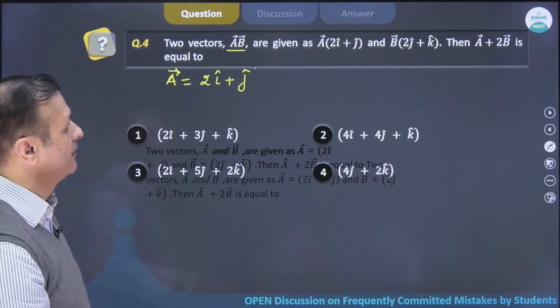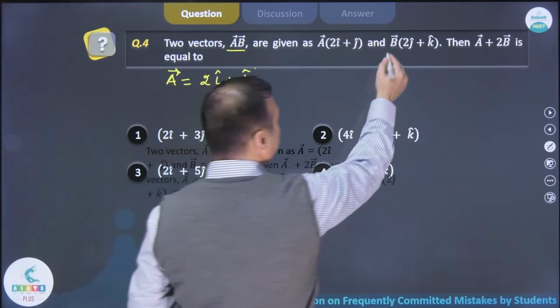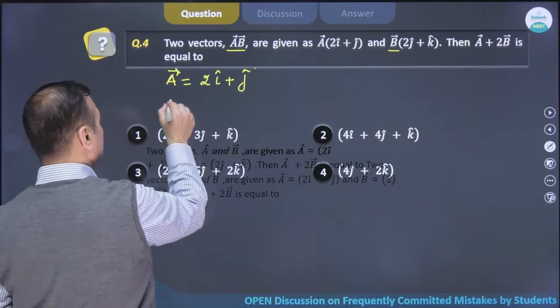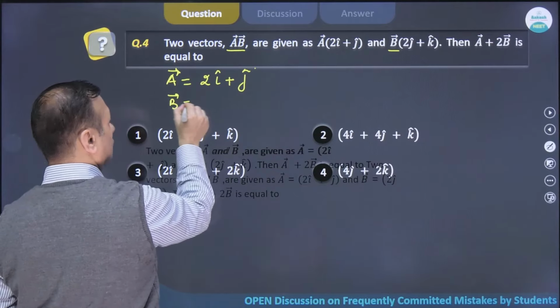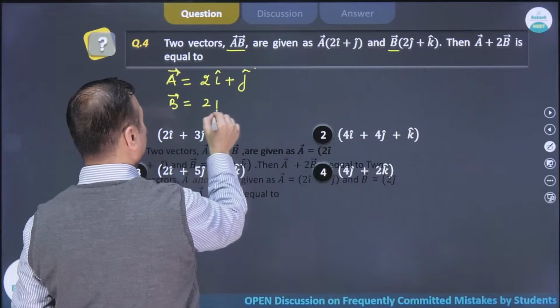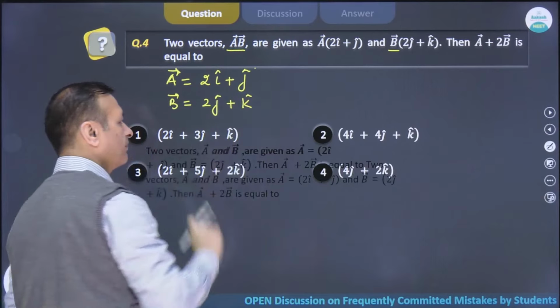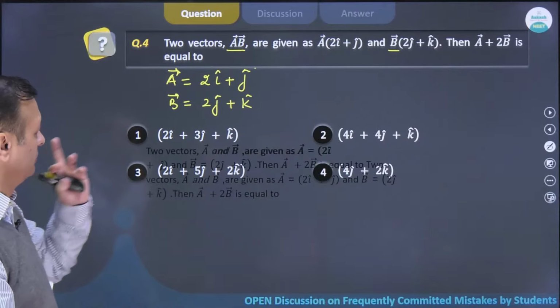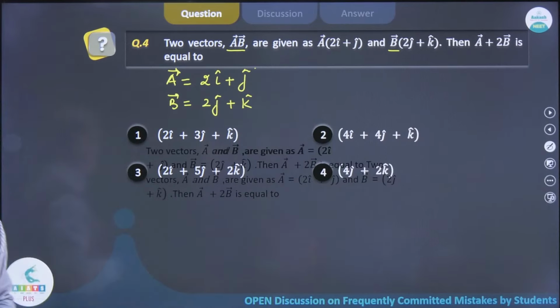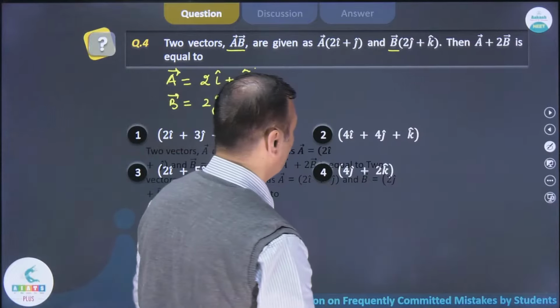Then we have another vector B, which is 2j cap plus k cap. So we have two vectors A and B. Then we have to find out A plus 2B.